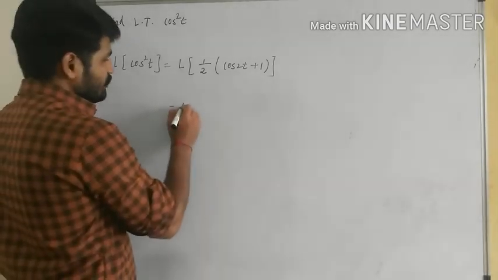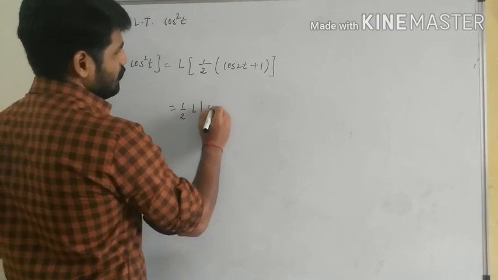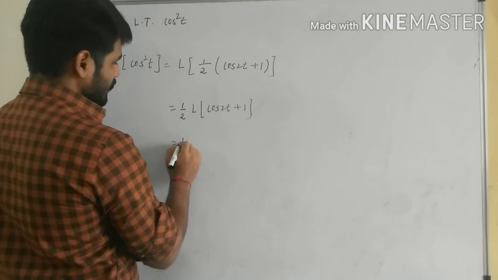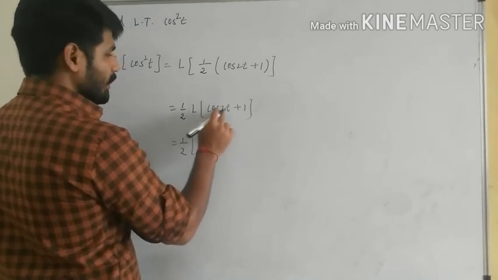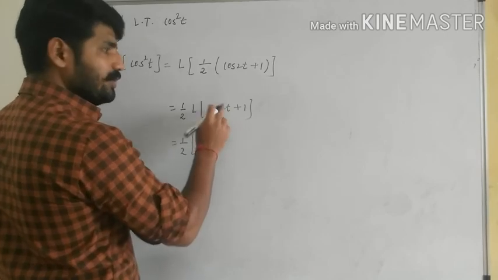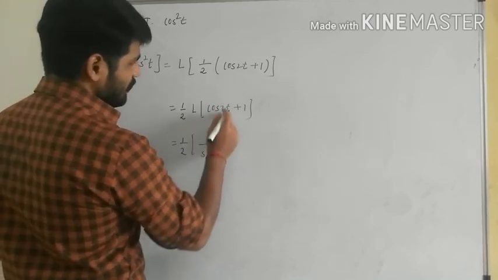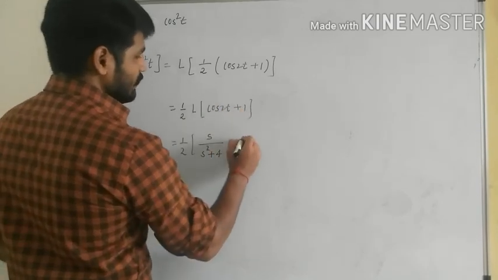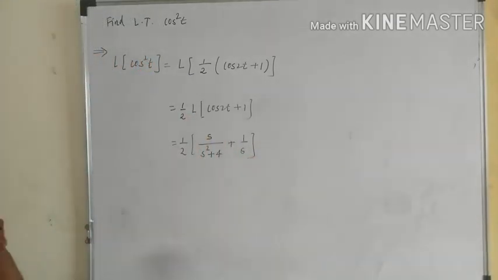Now 1 by 2 is constant, taking outside, Laplace transform of cos 2t plus 1. It is 1 by 2 as it is into bracket. What is Laplace of cos 2t? Here a is equal to 2, so we have s upon s square plus a square, a is 2, so here we get 4, plus what is Laplace of 1? That is 1 upon s. Complete. So this is your required Laplace transform of cos square t.